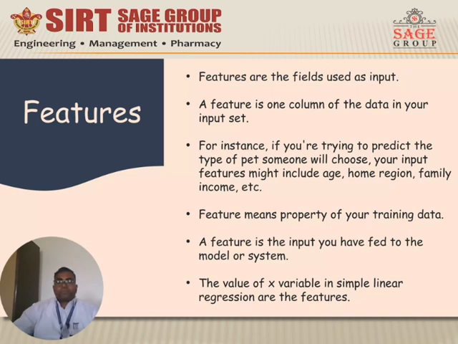It also means the properties of your training data; your data contains different kinds of features or properties. A feature is the input value you have to feed to the model or the system. For example, in linear regression, we say the x variables are called the features and y is the predicted value.